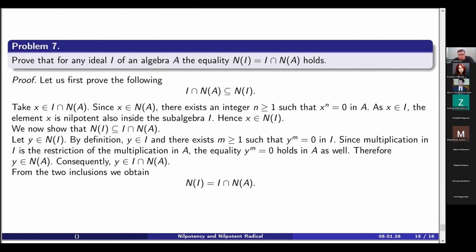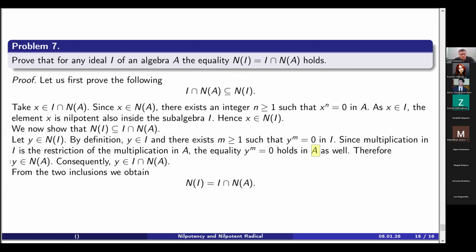Let y be in N_I. By definition, there exists m such that y to the power of m is equal to 0 in I. Since multiplication in I is a restriction of multiplication in A, the equality y to the power of m equal to 0 holds in A as well.